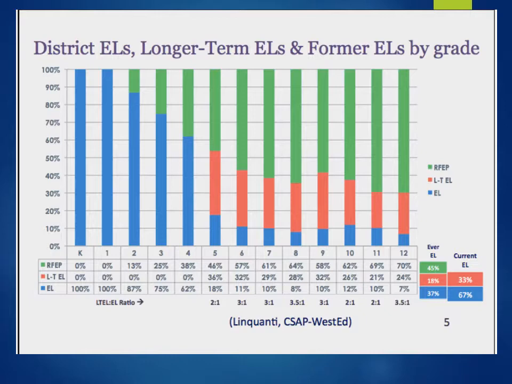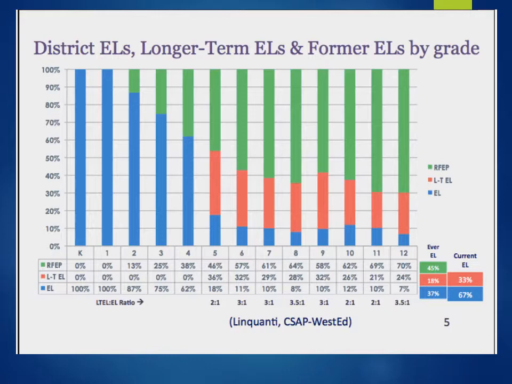So for example, if you look in kindergarten, you see they're all going to be current English language learners. There would not be any long-term ELLs, and there would be no reclassified English proficient former ELLs either. But as you look at each grade, you can see that the constituents evolve.